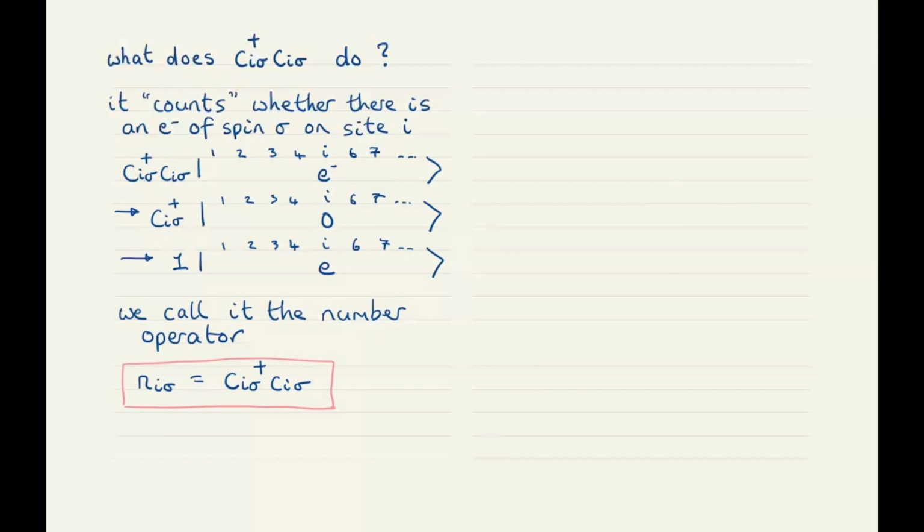Okay, let's go one more complicated again. So what about the operator C sub I sigma dagger C sub j sigma? What does this operator do?